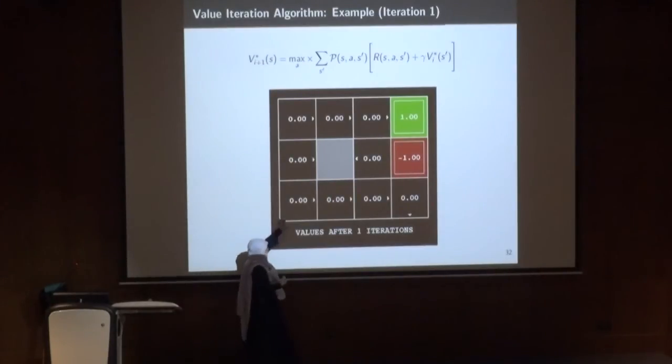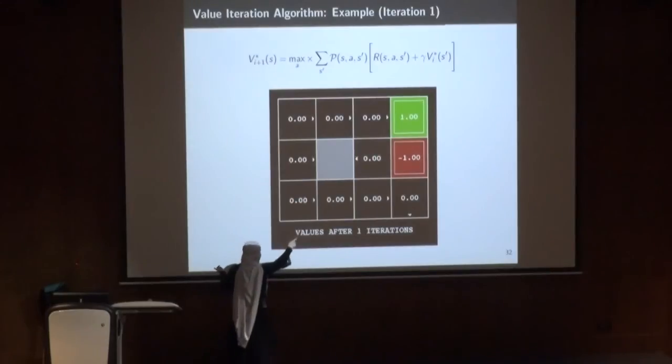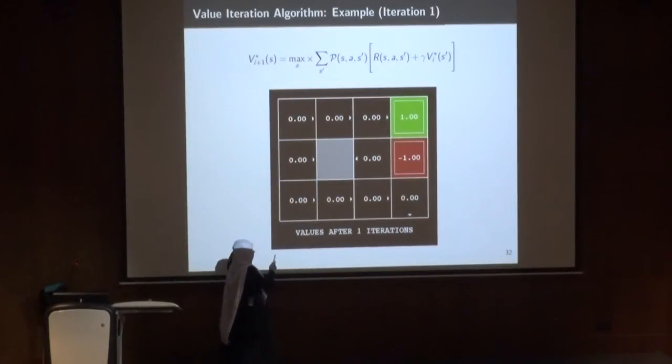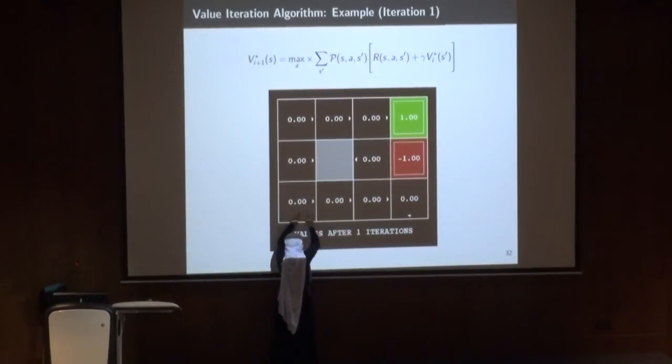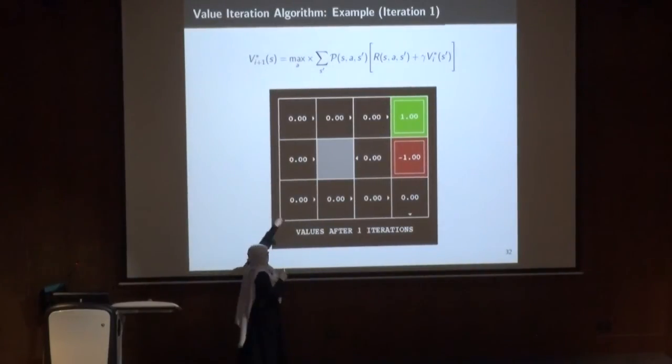Let's assume I want to update the value of this state. I will update it by the maximum over all actions. I will consider the action right, and I will consider the action up, of the probability of ending up, if I executed right, I have a probability of 0.8 of ending up here, 0.1 of staying at my place, and 0.1 of going up, right? So times this probability times the reward of each of the states.